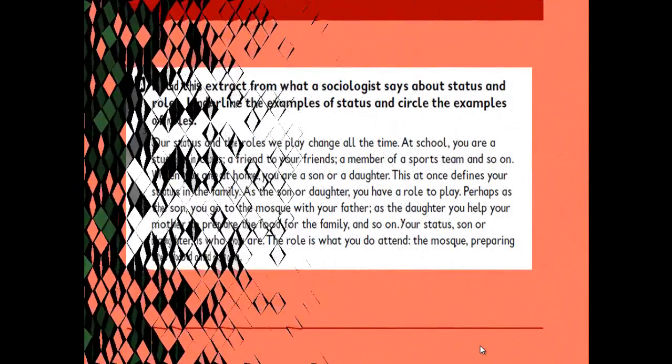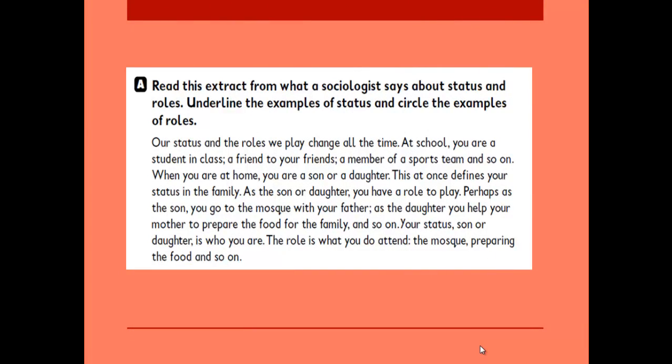Now after doing this exercise number C, let's do exercise number A in our workbooks. Read this extract from What a Sociologist Says About Status and Roles. Underline the examples of status and circle the examples of roles. Our status and the roles we play change all the time. At school, you're a student in class, a friend to your friends, a member of a sports team, and so on. When you're at home, you are a son or a daughter.